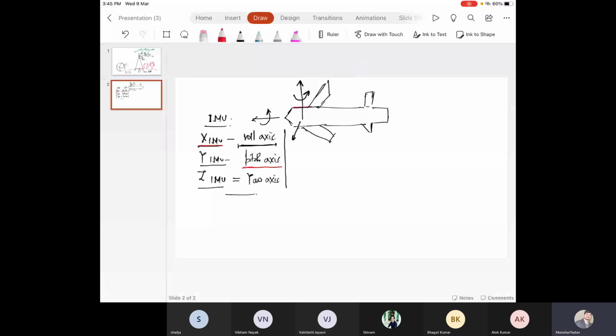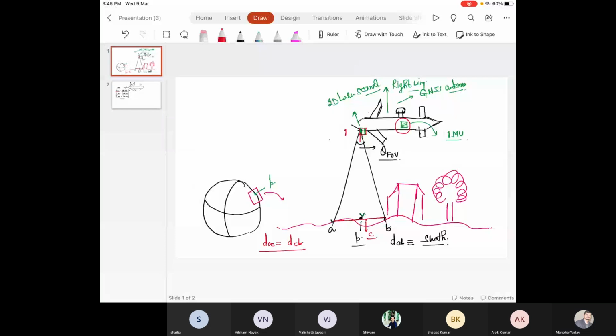Now we have discussed two coordinate systems. The third one is associated with, I write over here: first coordinate system is associated with the laser scanner. The second is with respect to the IMU, and the third is with respect to the GNSS antenna phase center.